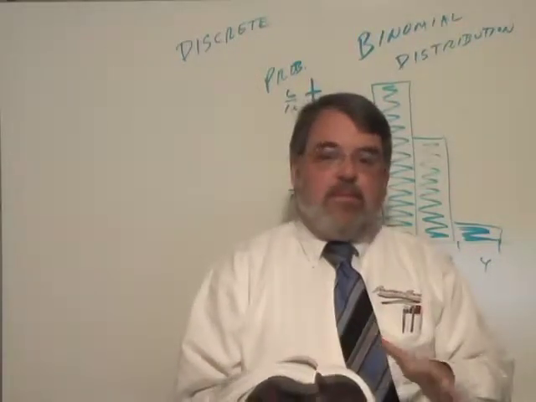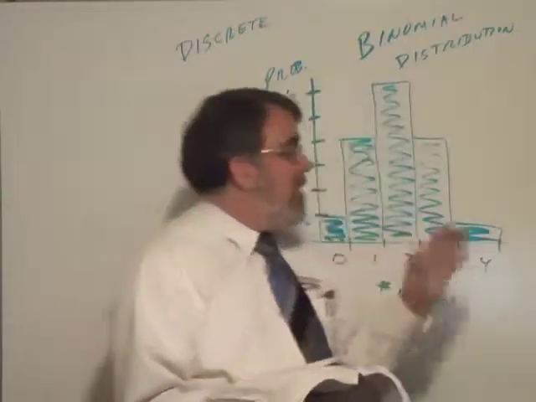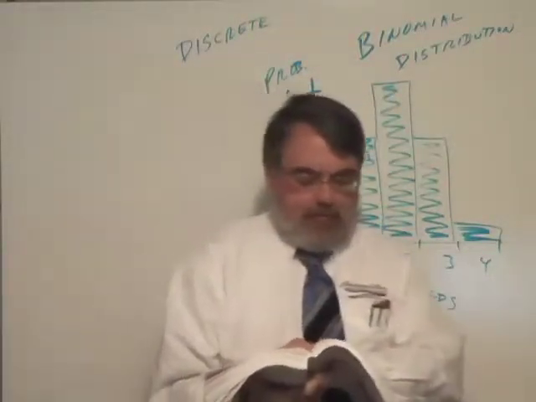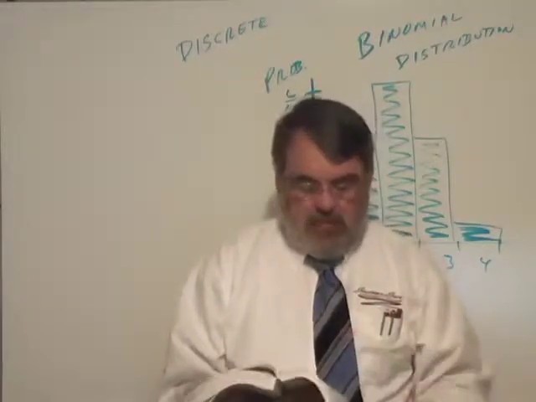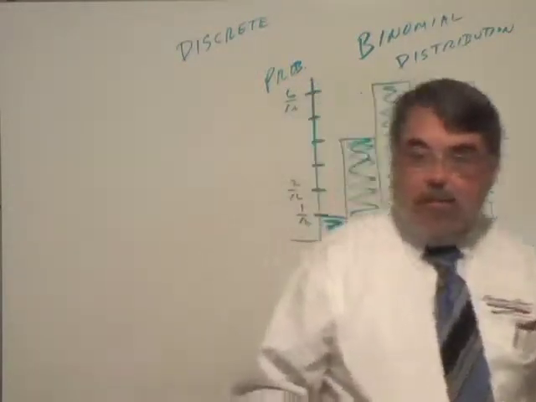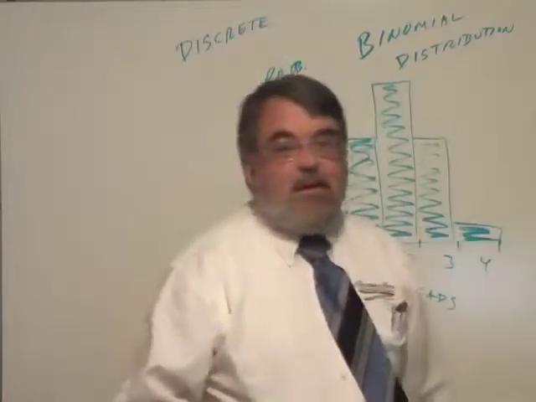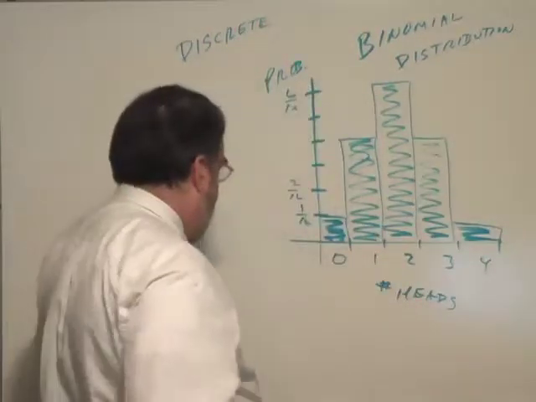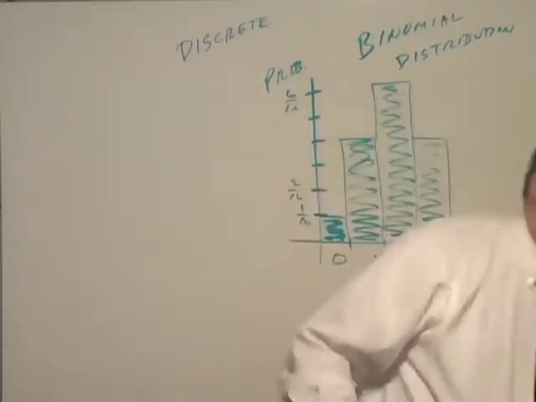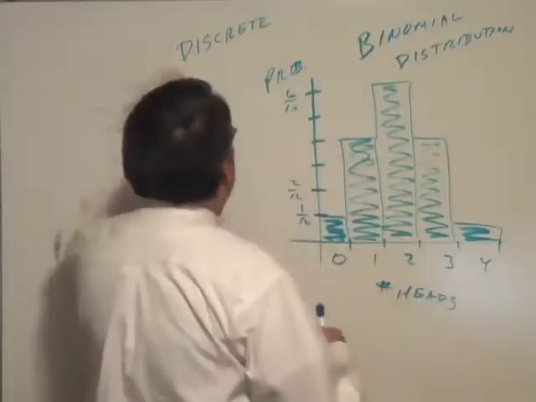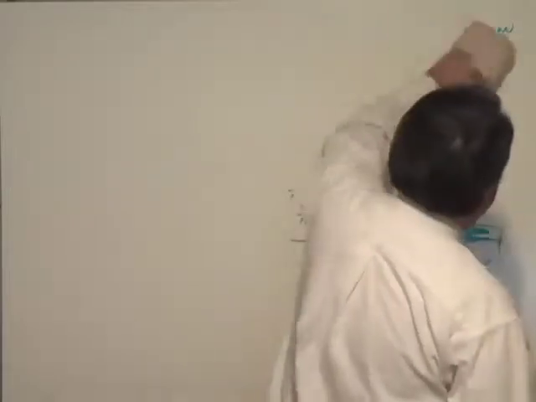There are different forms of discrete distributions. Now, the continuous distributions, the most important one is the normal distribution. We've mentioned that before. I let my book get away from me. It's forward a few pages there. You'll find the normal distribution.